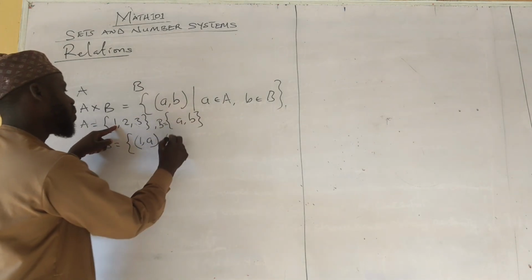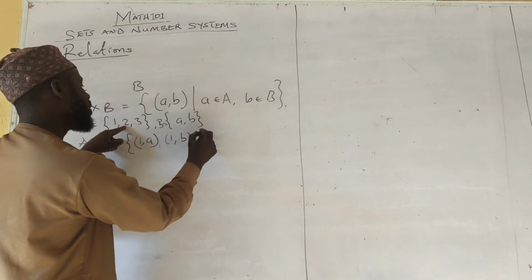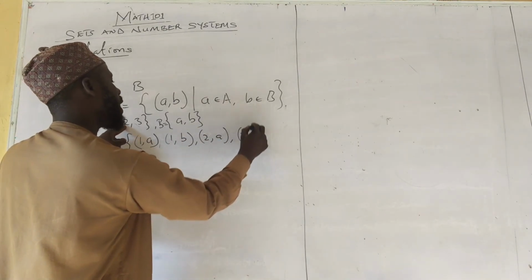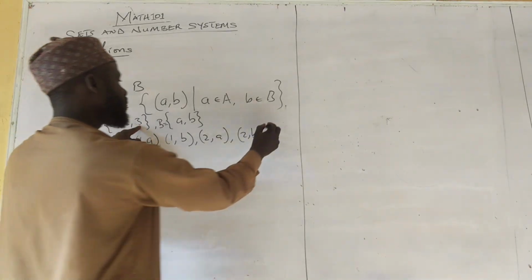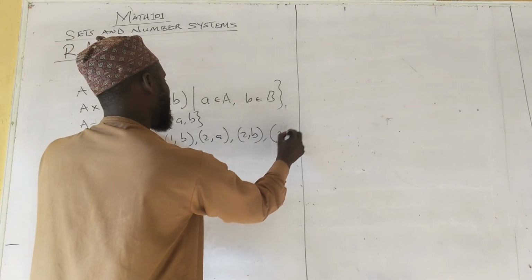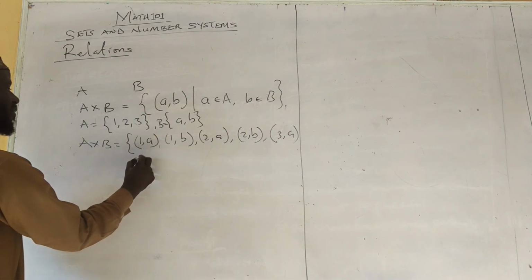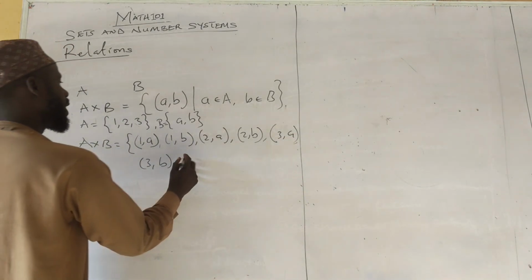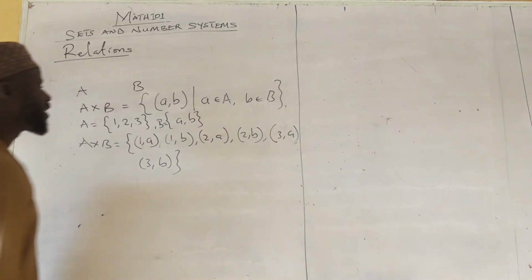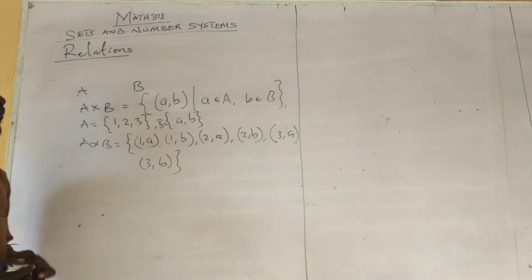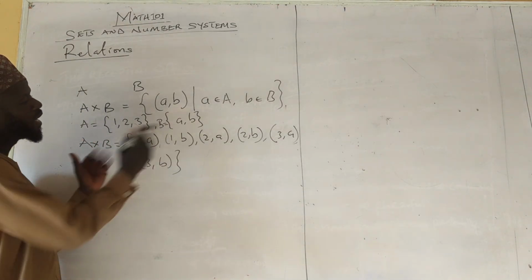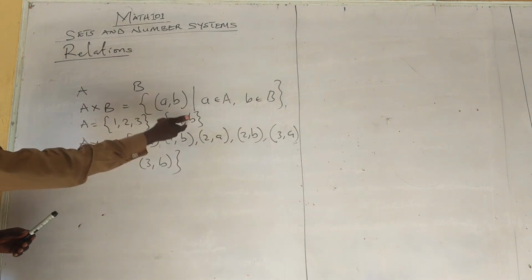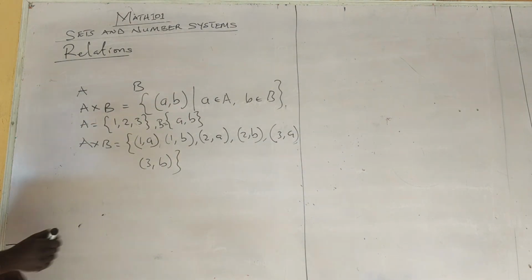So we have (1, b), (2, a), (2, b), (3, a), (3, b). This is the set A cross B, a set of all ordered pairs (a, b) where a is coming from A and b is coming from the set B.